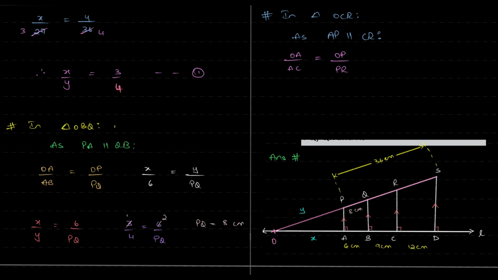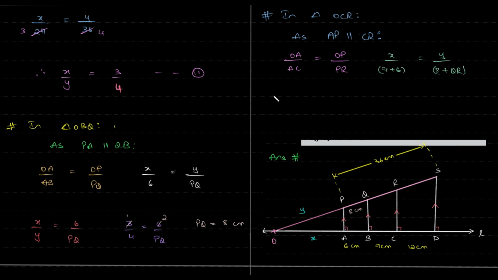Okay, guys. Again, I don't have space, so I'm trying to stuff everything in. X by, this is 9 plus 6, that is 15, is equal to Y by, this would be OP, okay, 8 plus the unknown QR. I can directly do that.